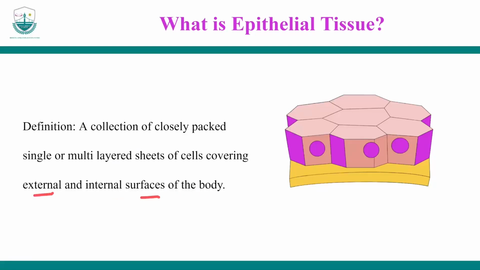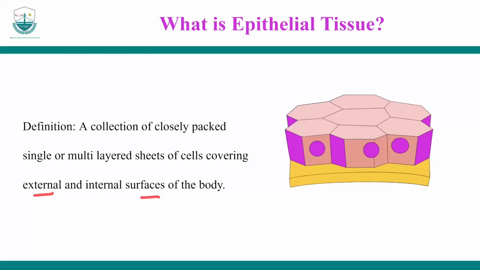So whether we are talking about what is covering the heart or what is inside the heart, that lining, all those cells around the heart or inside the heart, or even the cells on the outside of a blood vessel, or on the internal part of the blood vessel, that is all epithelial tissue. Any organ that you think about is lined by epithelial tissue. That's the rule.